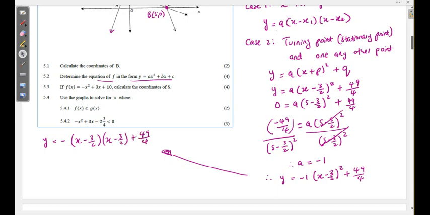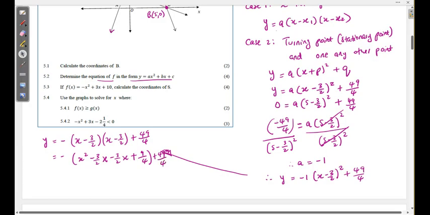So we say x times x, we get x squared. x times that is -3 over 2x. This times that is -3 over 2x. And then we have plus 9 over 4. This times that is 9 over 4. And then plus 49 over 4.